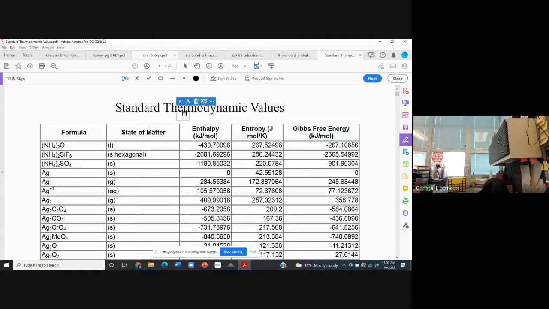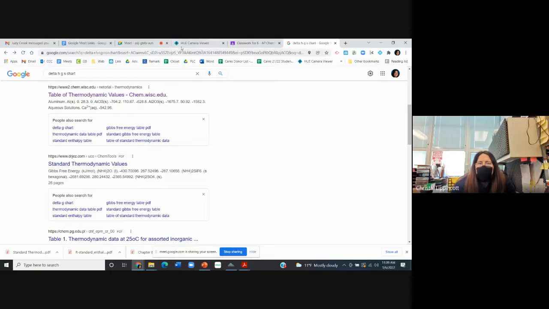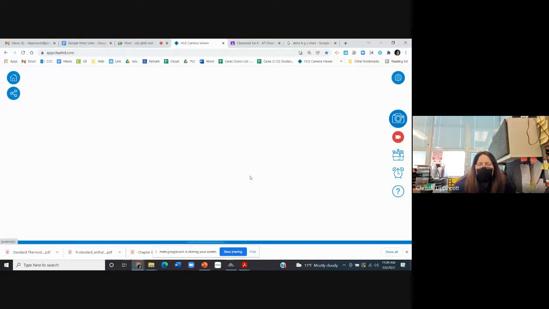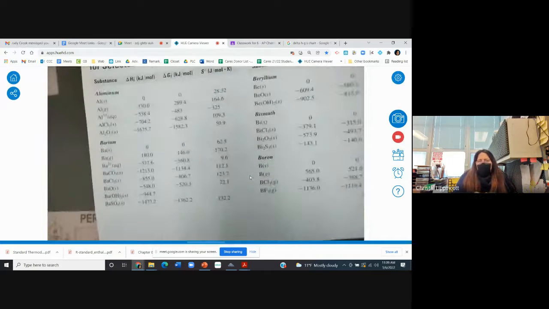All right, here's your chart. Here's your chart. You guys are not flexible at all with being able to handle moving from one place to the next. So let's try this. All right, here we go. There we go.